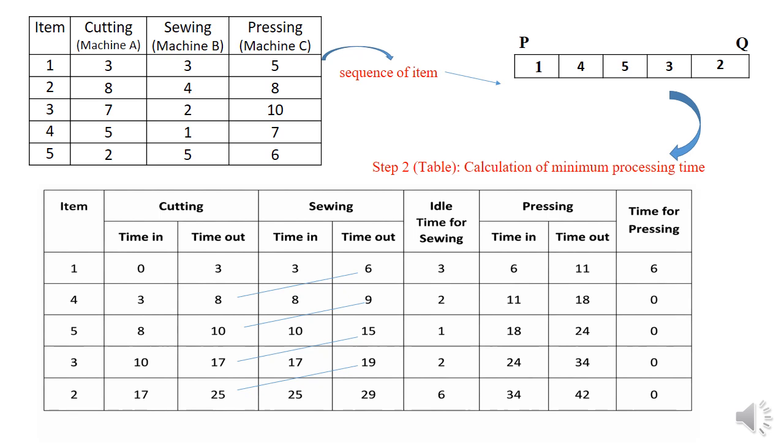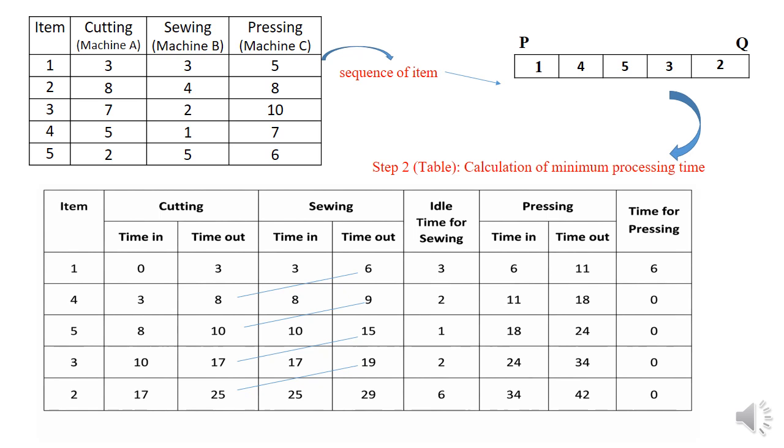So now item 3 in pressing machine. The time in of item 3 in pressing machine is 24, because pressing machine was free for 24 hours. Time out of pressing machine is 34, that means time in plus the processing time of the item 3 in pressing machine.